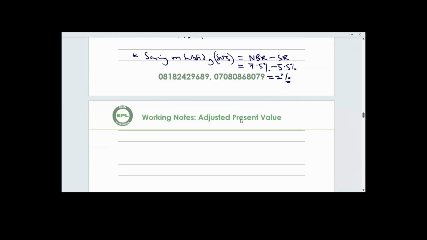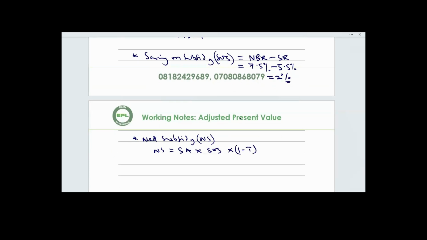After that, we need to calculate net subsidy, NS. NS is equal to the subsidy amount multiplied by savings on subsidy multiplied by 1 minus tax.